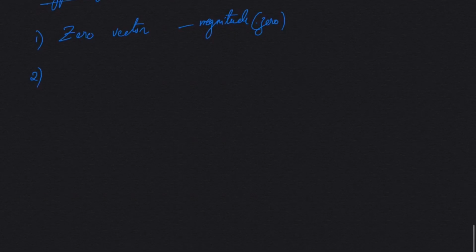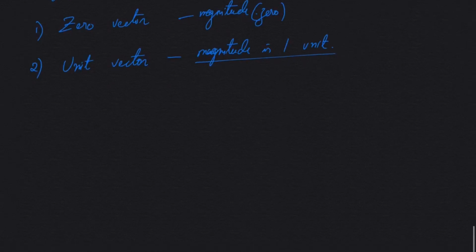I just want to save some time, so I'll just discuss the different types of vectors in brief. Now unit vectors. What are unit vectors? Vectors whose magnitude is 1 unit. Not vectors which are like 1, it's about vectors whose magnitude is 1 unit.